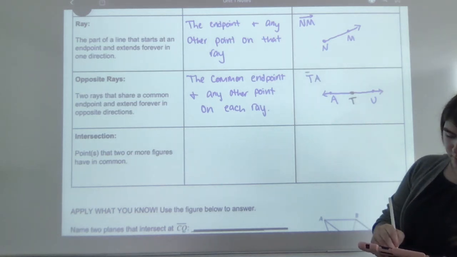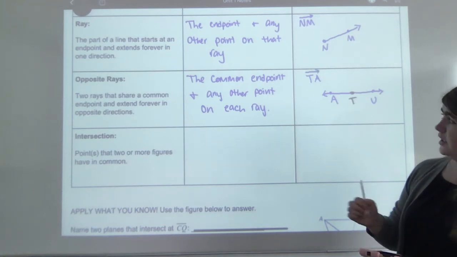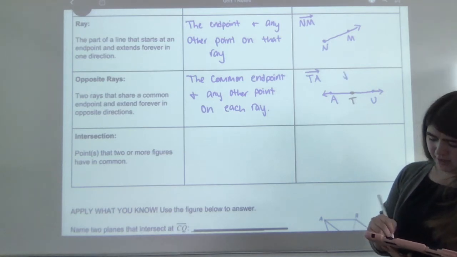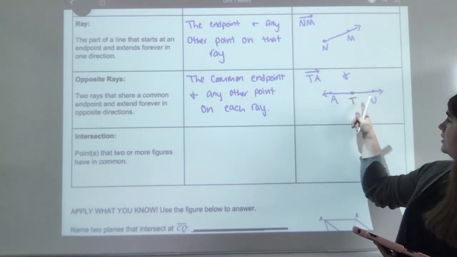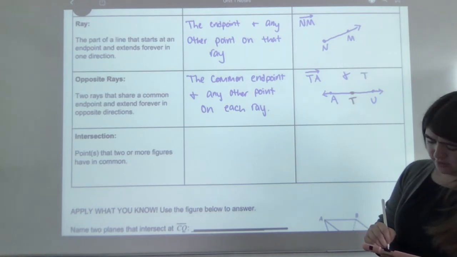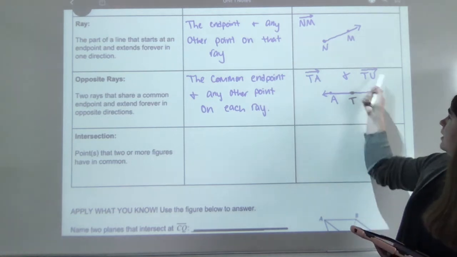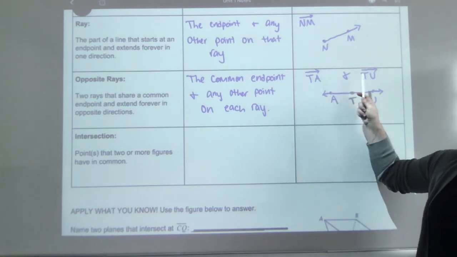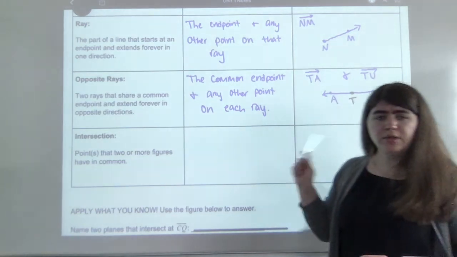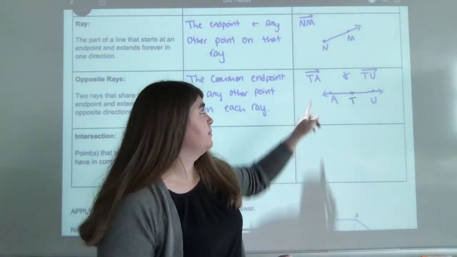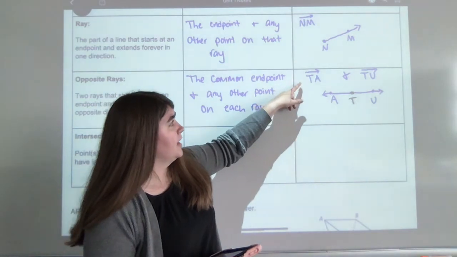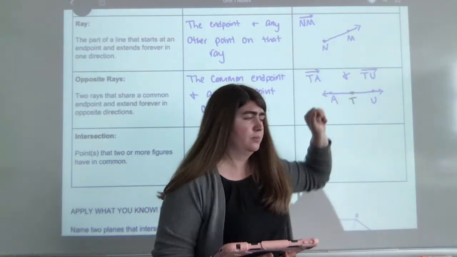So on the bar above, T will be blank and the A side will have an arrow. And then I have a second one, a ray starting from T going to U, so I have ray TU, where T gets a blank bar side and U gets the arrow. So this reads as ray TA and ray TU. I know that those are opposite rays because they both have the same endpoint though. So I can read that as opposite rays TA and TU.